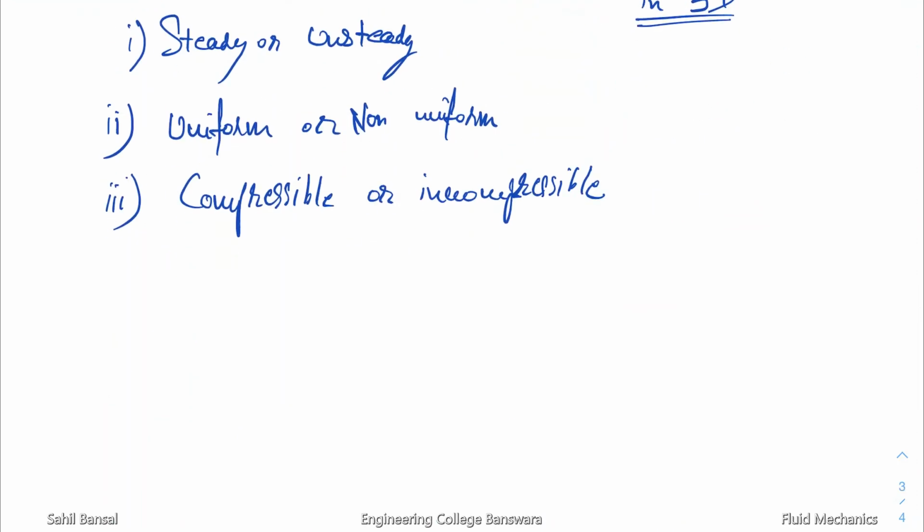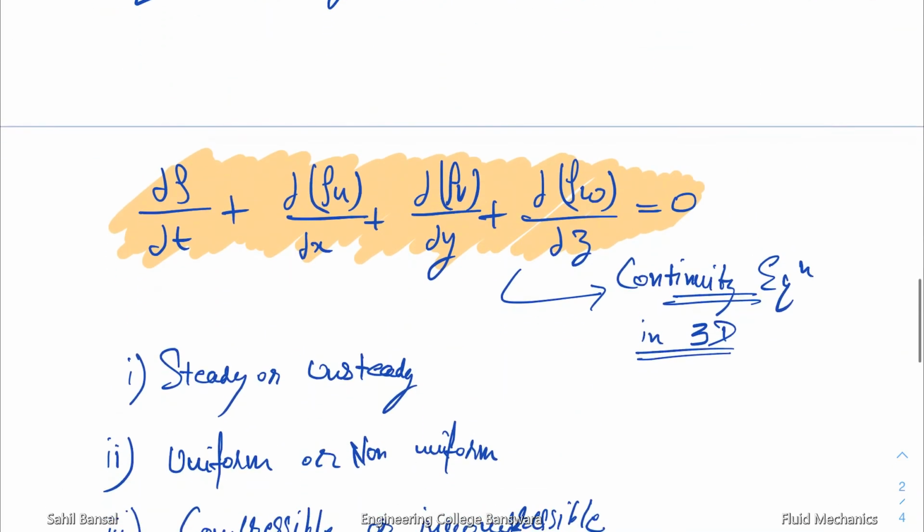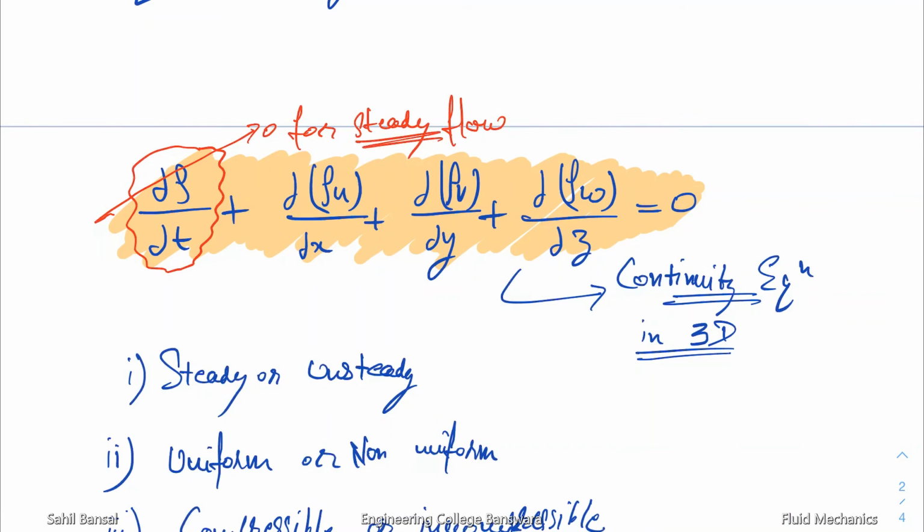So now let's see if I have a steady flow, how my equation will change. What will happen in steady flow? This element will turn out to be 0. In steady flow my parameters do not change with time.